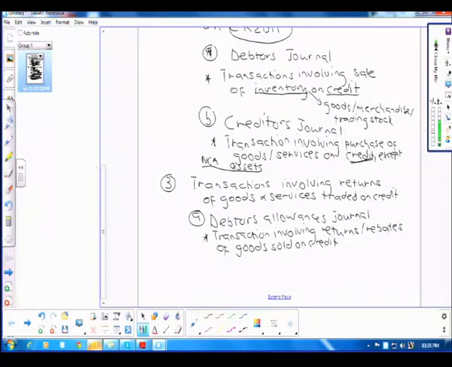A rebate, we're going to give if we had overcharged the debtor, so we must reduce the amount. If the debtor returns goods, then it must go to the debtors allowances journal.